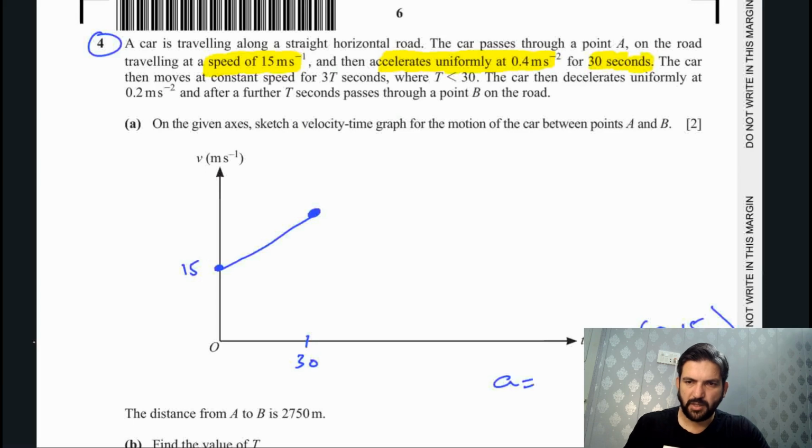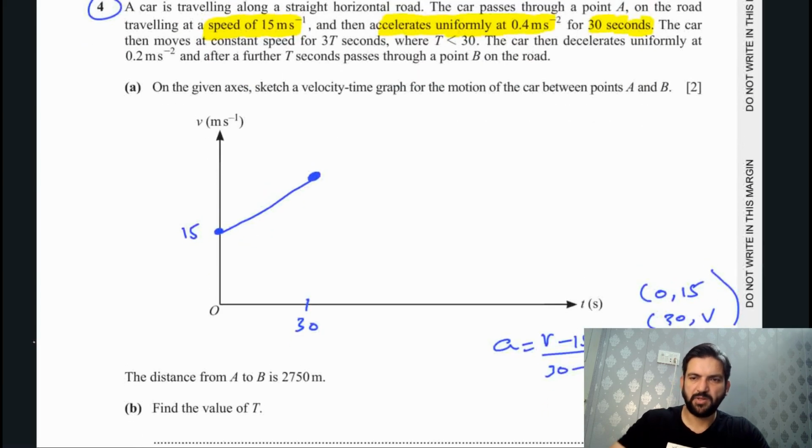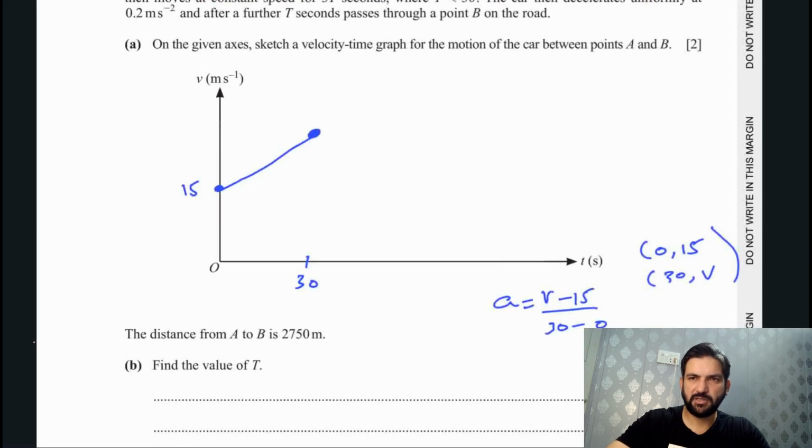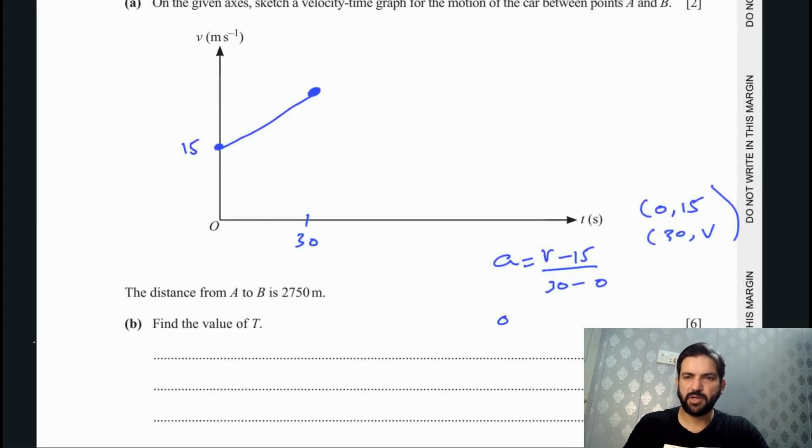Now we can write it as v minus 15, y2 minus y1 divided by x2 minus x1. We know the acceleration is 0.4. So we can write it as 0.4 is equals to v minus 15 divided by 30.